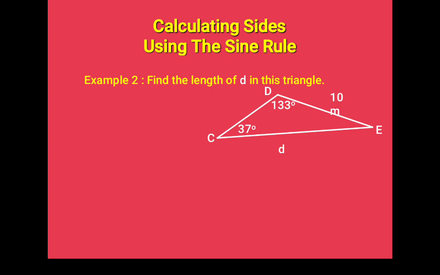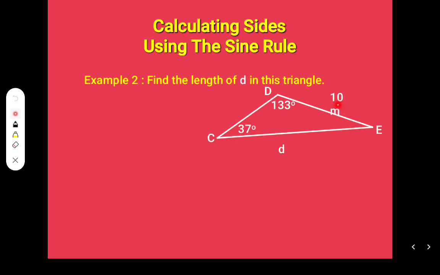So we can use the sine rule to find the sides of a triangle when enough information has been given. Let's consider triangle CDE, in which we are told that angle D is 133 degrees and angle C is 37 degrees.